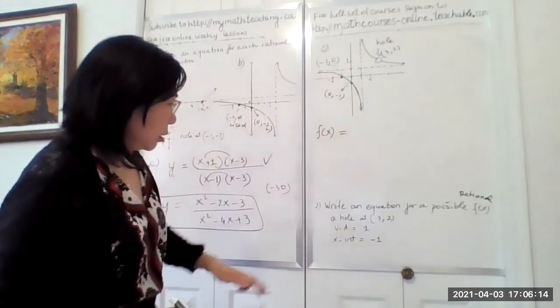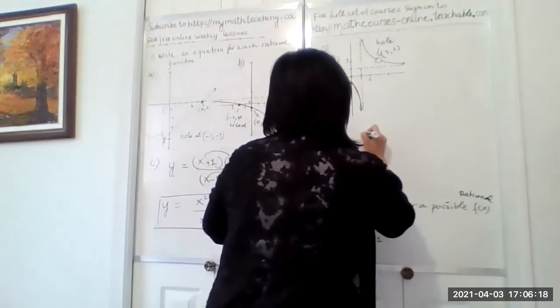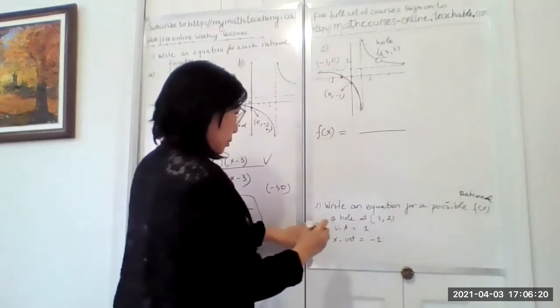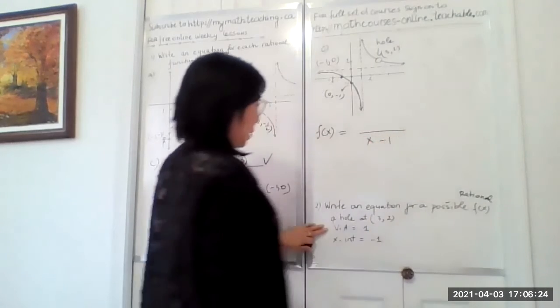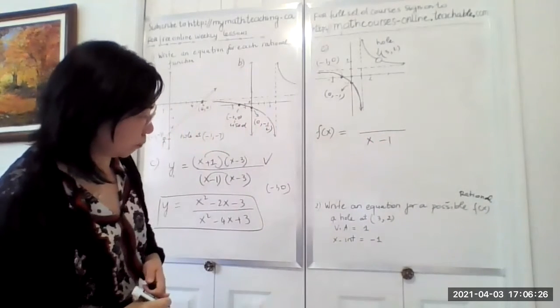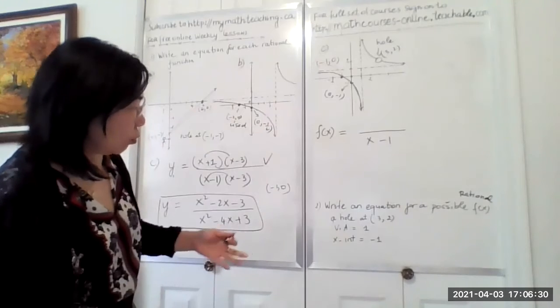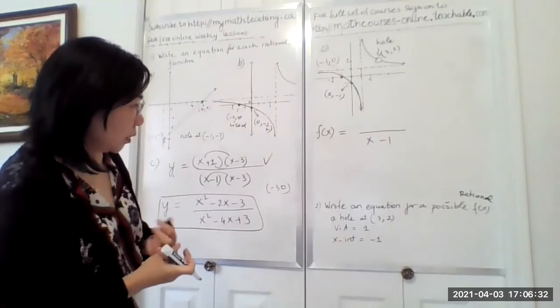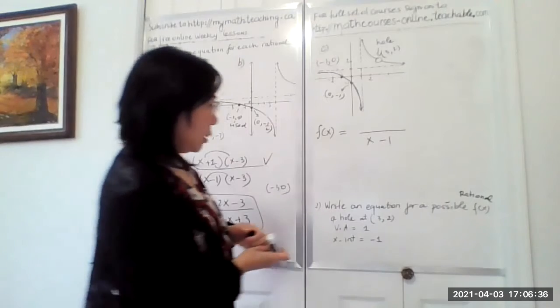of x. Vertical asymptote is at 1, so let's establish that: x minus 1 at the bottom, right? That's the vertical asymptote. X-intercept at -1. A hole at (3, 2).